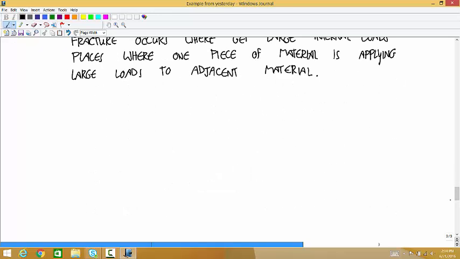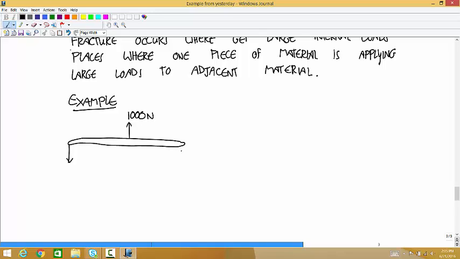So I'm going to start with sort of a simple example, and we'll just kind of think our way through it, and then we'll get into a systematic approach. So let's say that we have a stick, a beam, and there's 1,000 newtons applied at the center and 500 newtons applied at the two ends.